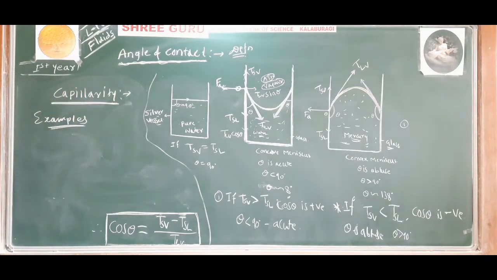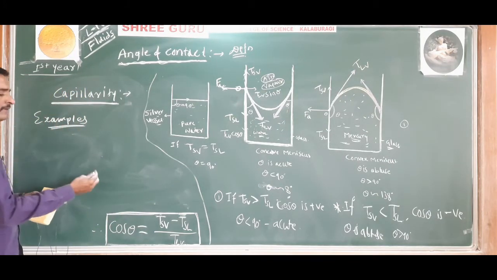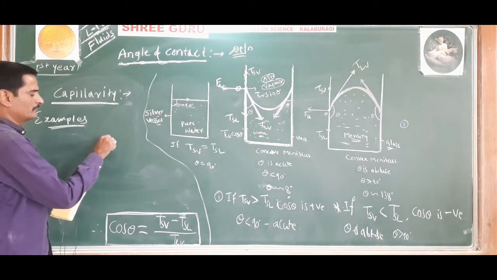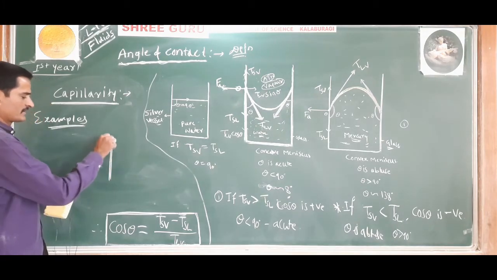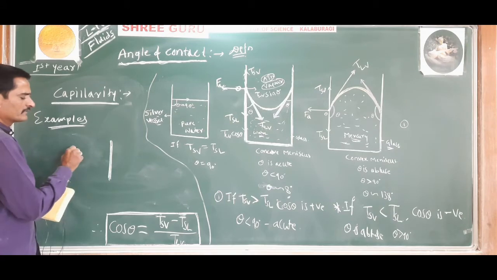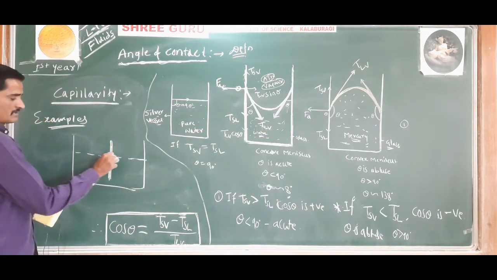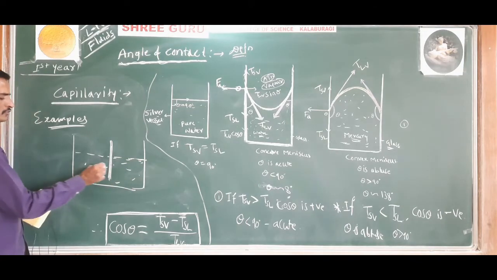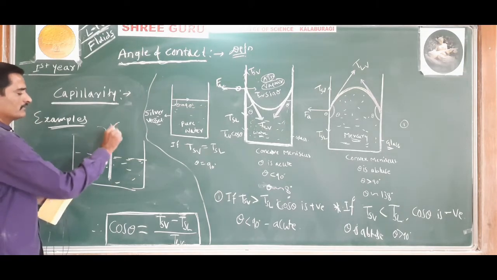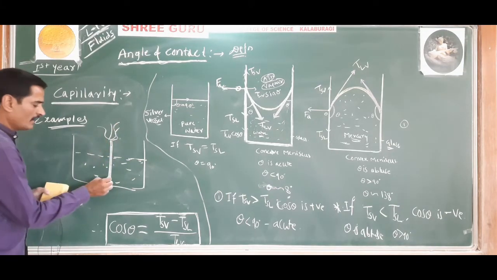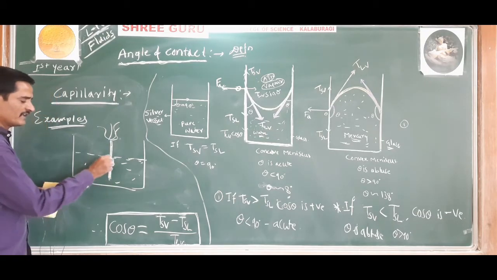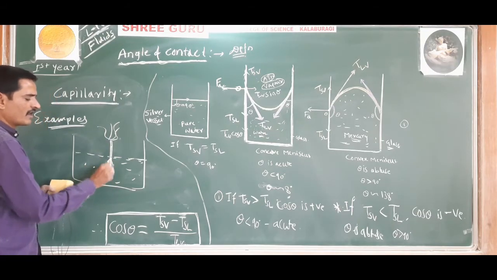See here, for example, a long narrow cotton wick is there. So when it is lightened, the oil rises in this long narrow thread of wick.